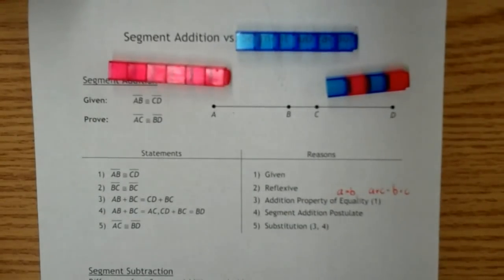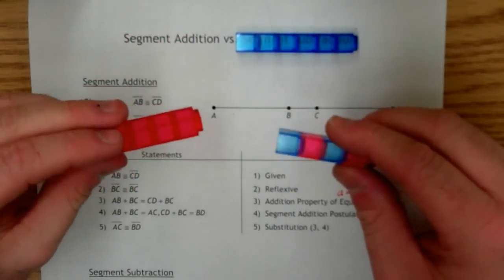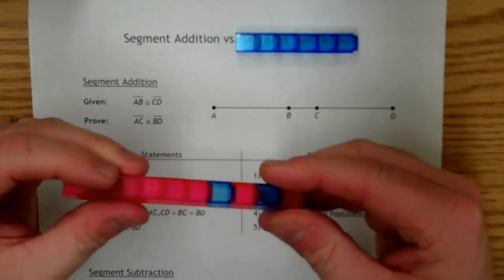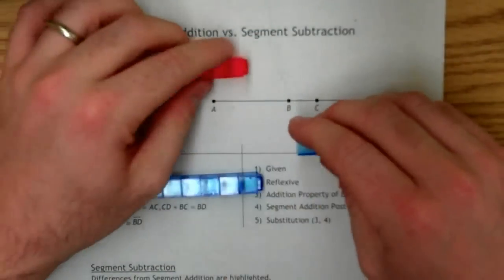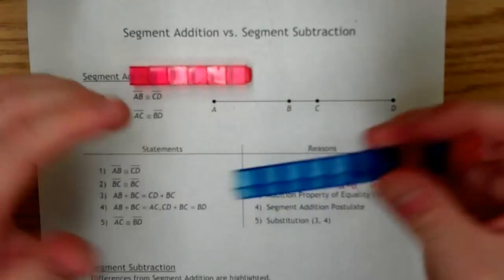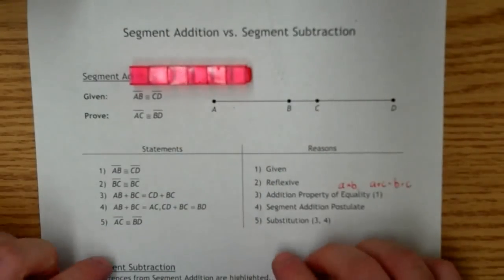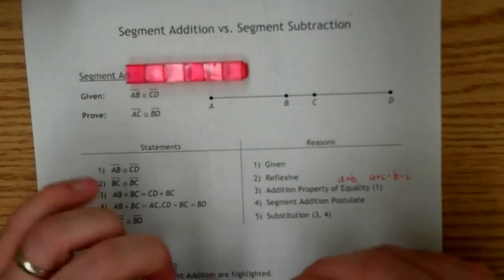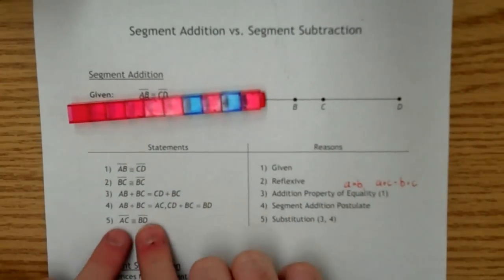And in step number 5, what I'm really doing is saying, well, since I know that if I take these two pieces and add them together, and I take these two pieces and add them together, that's the same thing, then I'm just going to say that this is congruent to this. And that's actually a substitution.